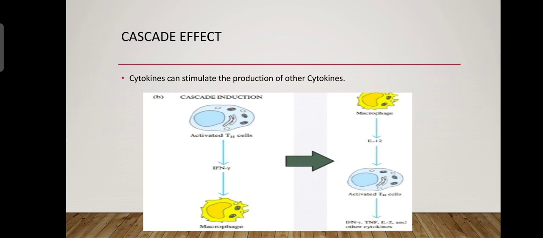This means there will be activation of T cells by B and T cells and the antibody combination, which further gives out interferon gamma and interleukin 12, and together they secrete interferon gamma, interleukin 2, and maybe, depending on infection, some other kinds of cytokines can show cascade effect.